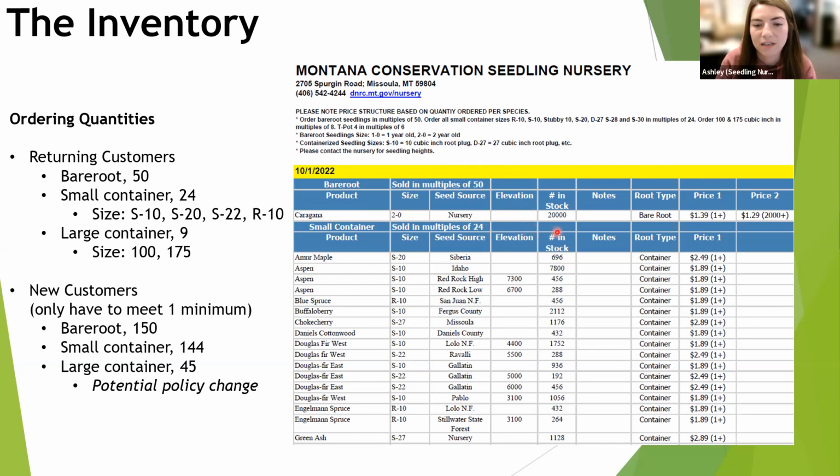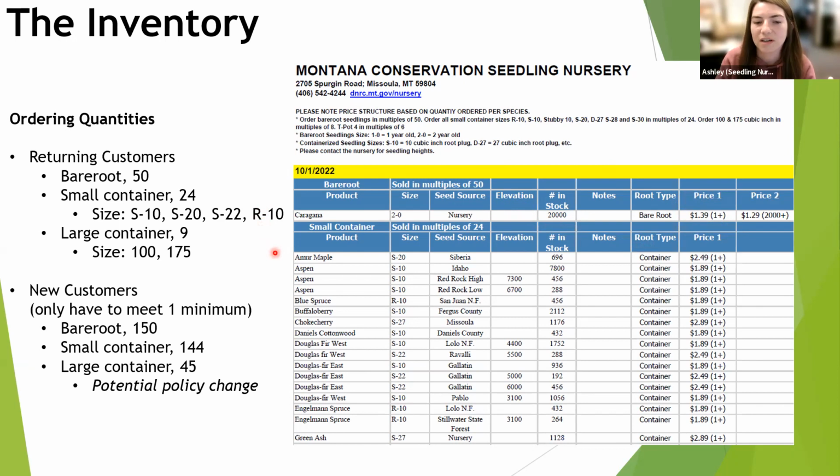It's just not filled in. Then we have 20,000 in stock when the sale opened. It's bare root, and it is $1.39 for one seedling. That's not the price for the minimum, which is 50. It's 50 times $1.39. And I'm going to show some examples on the next slide of the different seedling sizes so that you can get an idea.